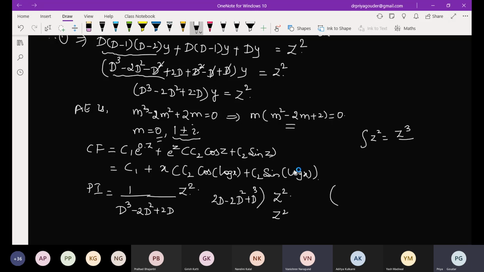Z cube by 3. But if I take the derivative of z cube by 3, it is z square. What is extra here in the first term?